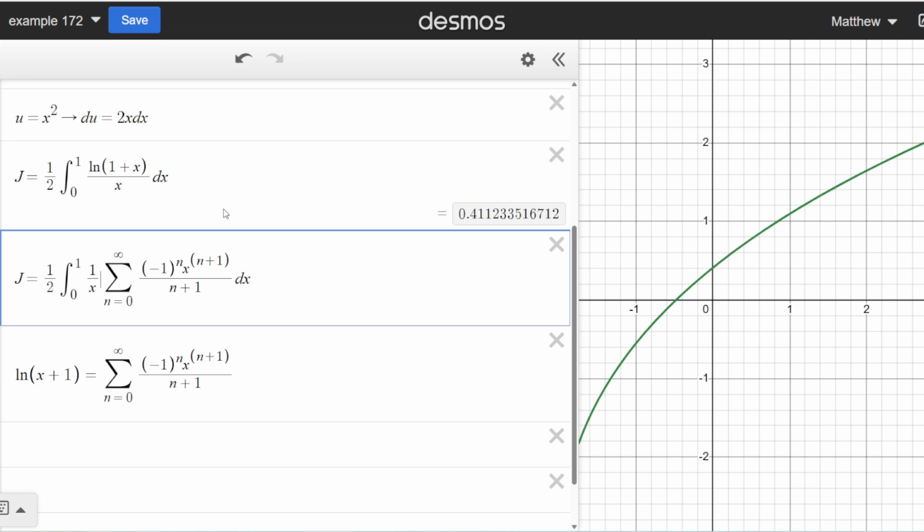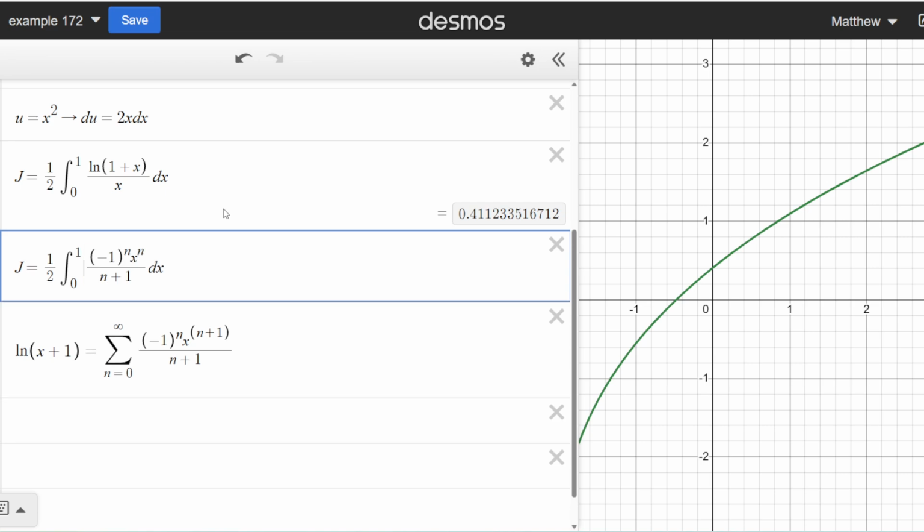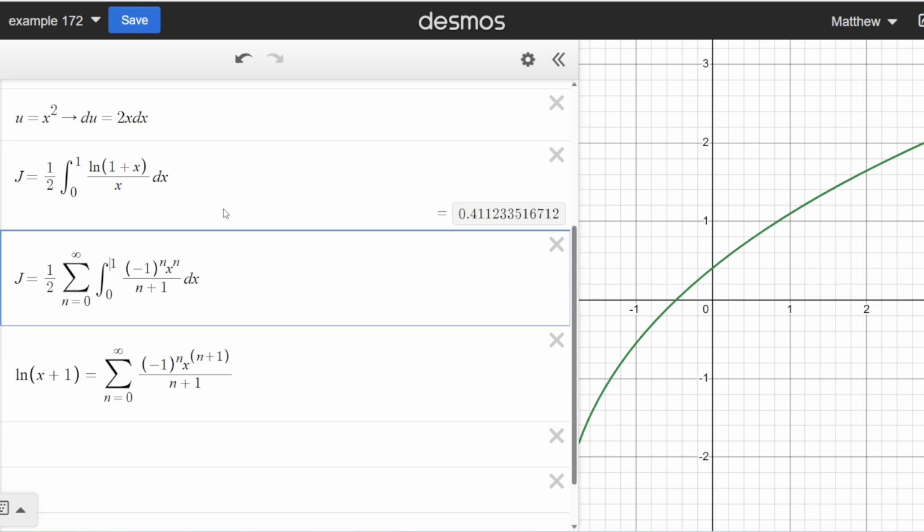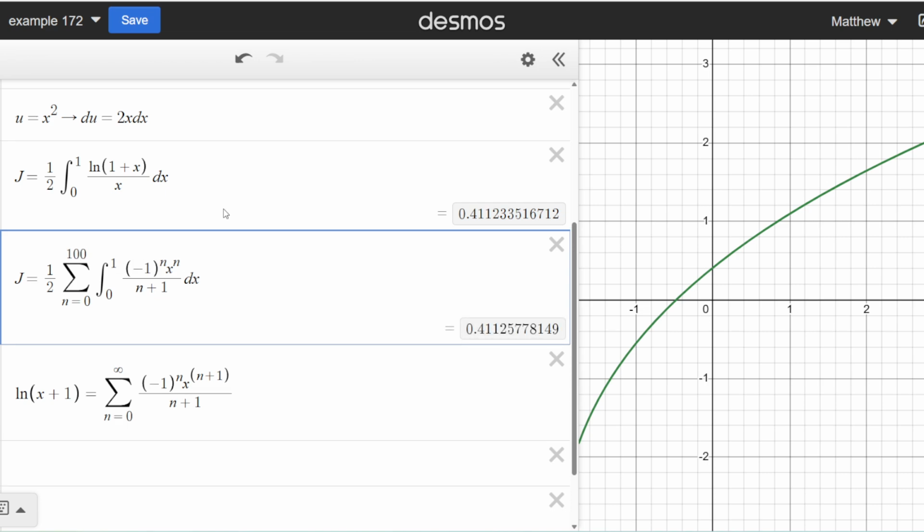All right. This 1 over x can come inside the sum as an x to the negative 1, making this just x to the n. And then, of course, we can switch the bounds of integration and summation. And again, I just want to make sure, yeah.